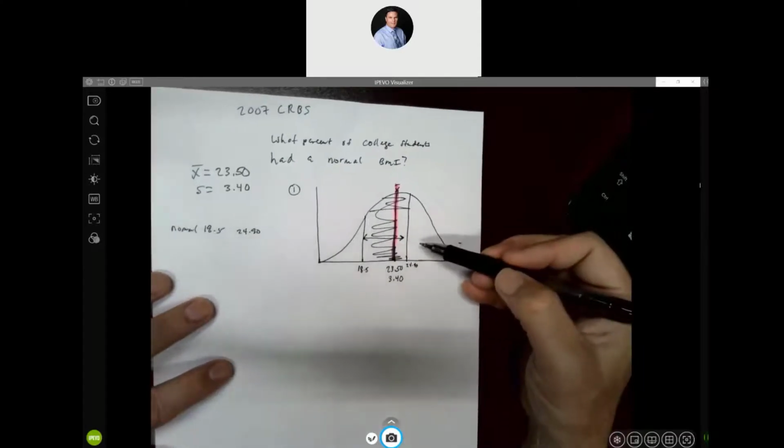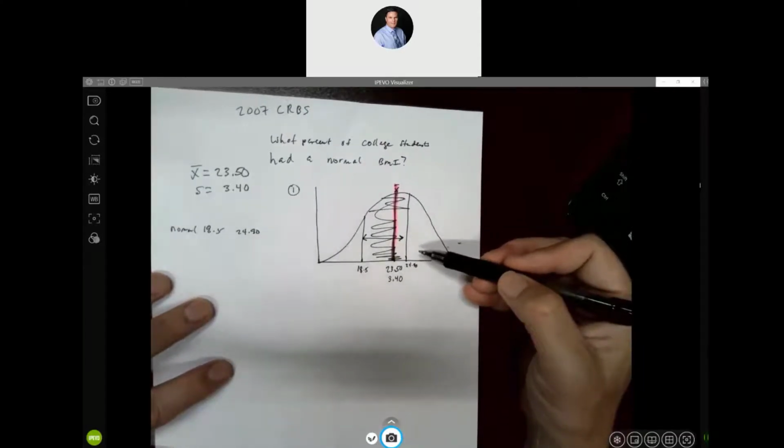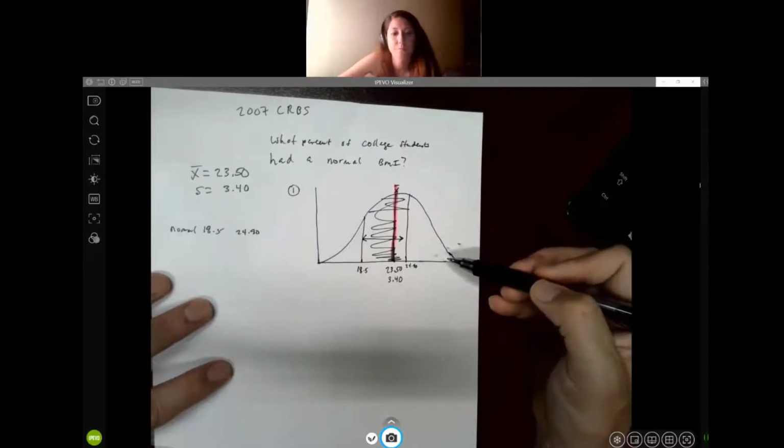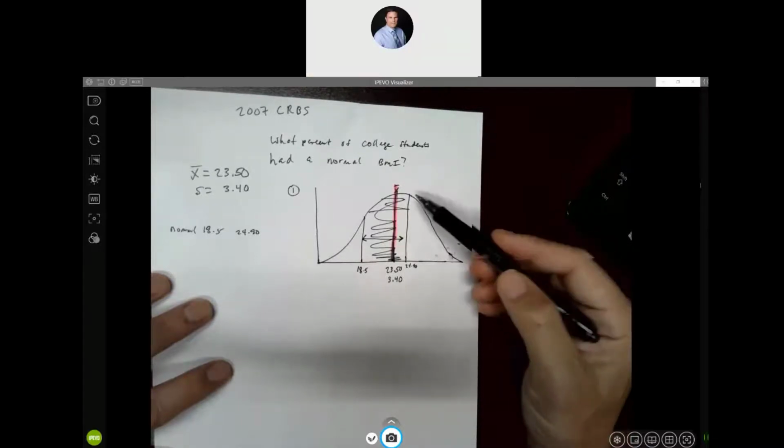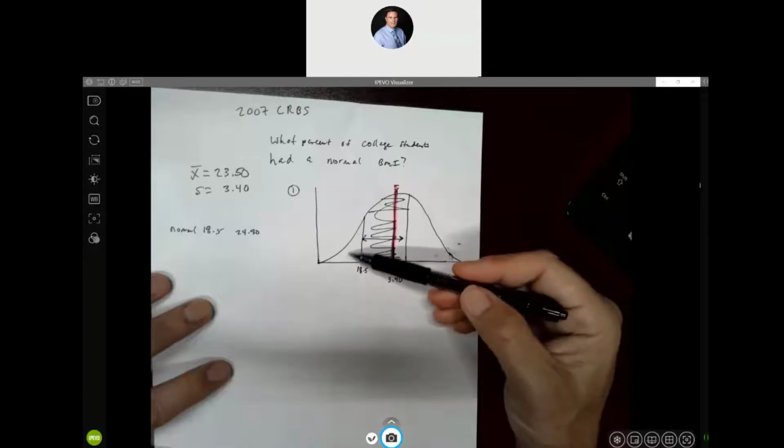In terms of a BMI, Teresa, what would this area represent? People that are overweight. Yeah, overweight or obese, right? Because obese would be way out here, but this would be overweight. And Arlene, what would this represent, this area here, in terms of people's BMI?